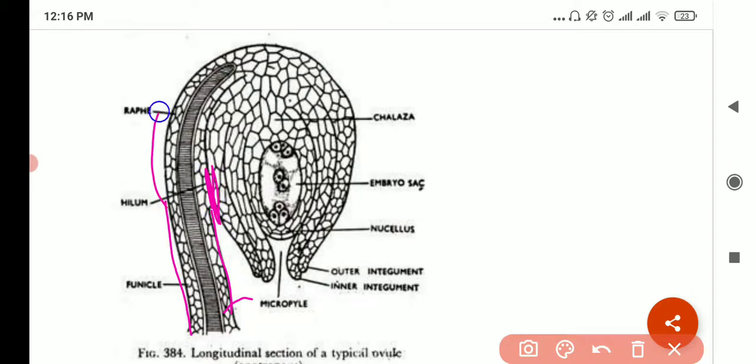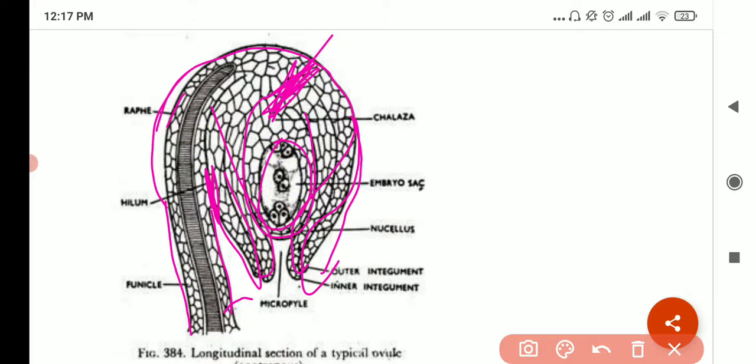Then the topmost is the raphe. Then you have the outer integument and inner integument. Then the nucellus is here, and this part is the chalaza, and then inside is your embryo sac.